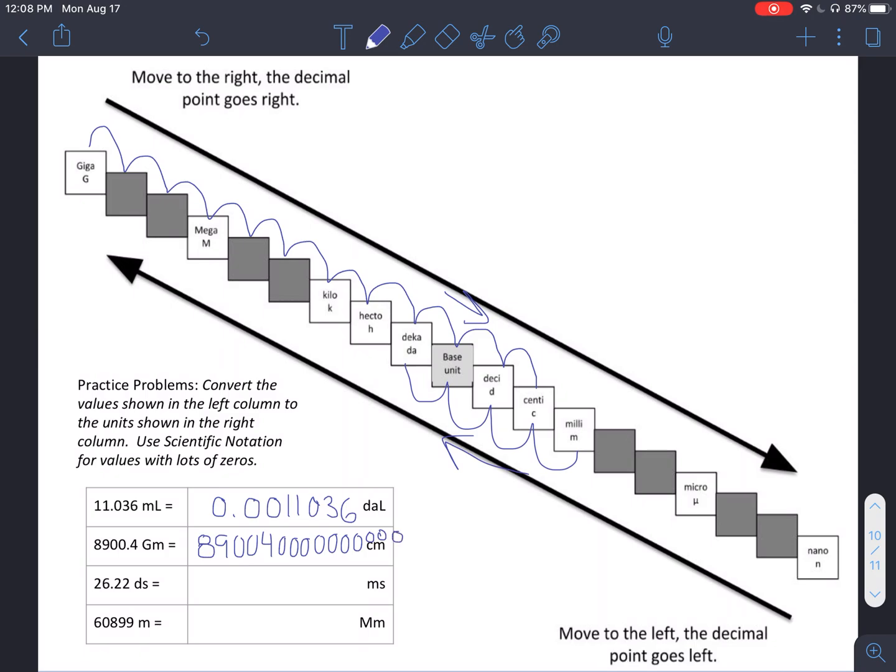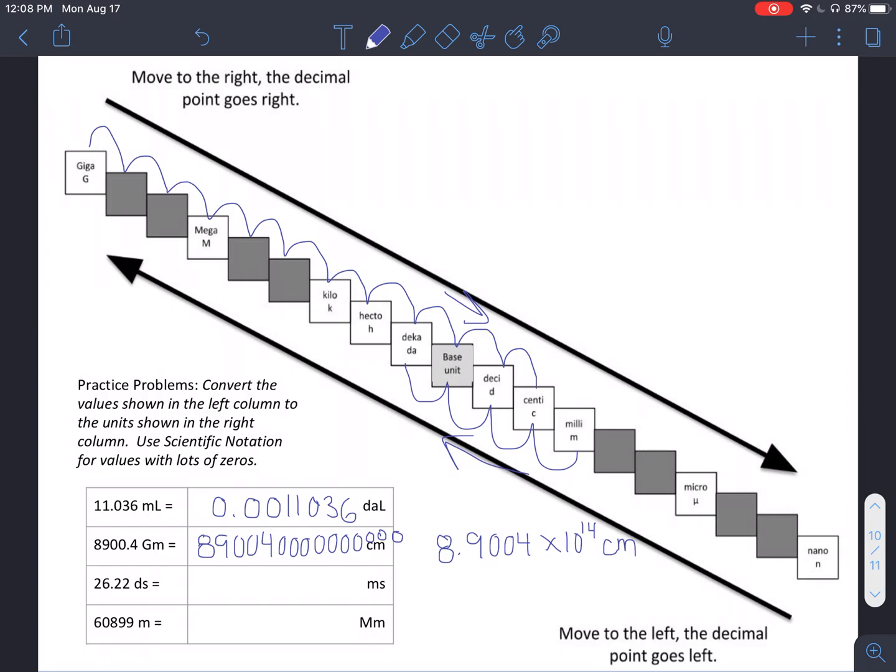And that number is really, really big. So instead of writing all of those zeros, you could write it in scientific notation, which would be there we go.